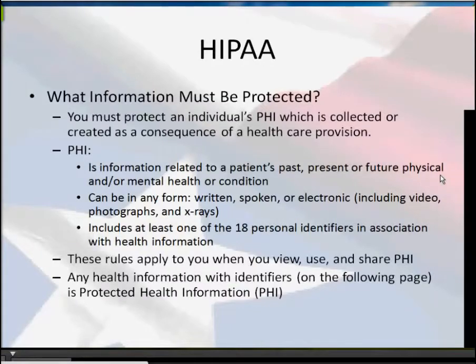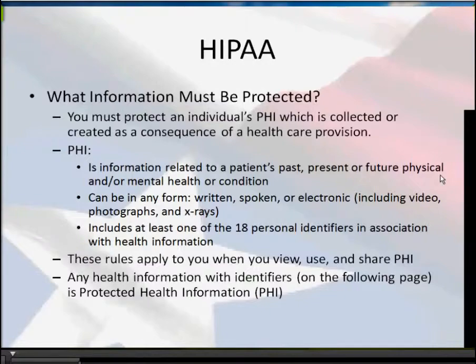So what do we have to protect as a covered entity? We must protect an individual's private health information, which is collected or created as a consequence of a healthcare provision. Private health information is information that's related to a patient's past, present, or future physical and or mental health condition. It can be in any form: written, spoken, electronic, including video, photographs, and x-rays.